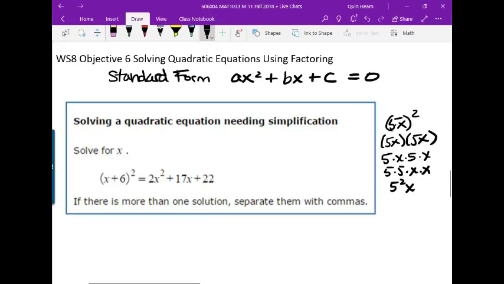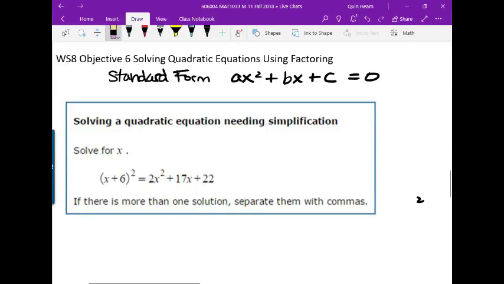So it's the same as 5 squared times x squared, or 25x squared. Of course, we don't do all that work. We just say, oh, 5x squared is 25 times x squared. But that's because it's multiplication. Inside the parentheses that are being squared, you can just square each part and it works out nicely.